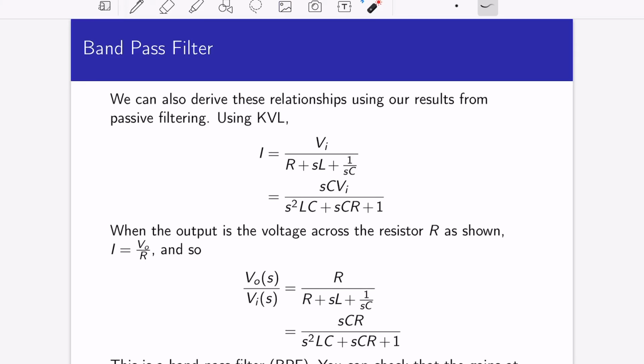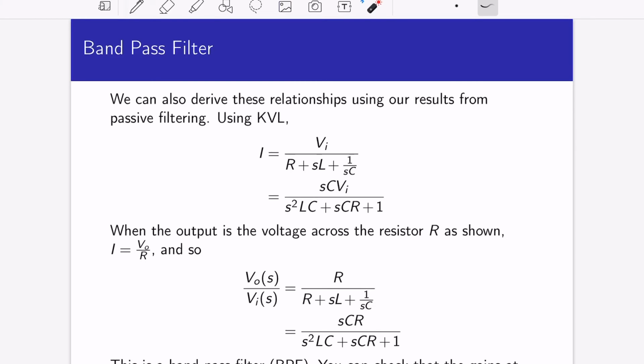Using our knowledge that we developed in the section on passive filtering, we can also write these equations as well. Using KVL, we can write that I is equal to VI over R plus SL plus 1 over SC. Multiplying through by SC over SC gives us I is equal to SC VI over S squared LC plus SCR plus 1.